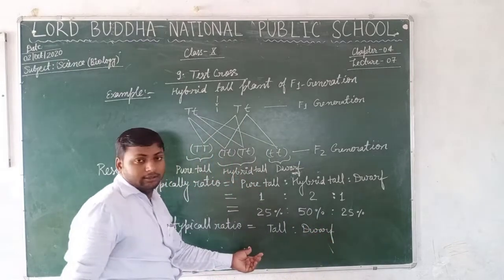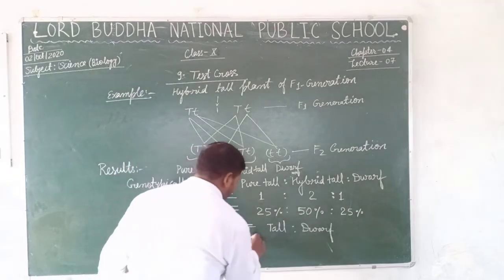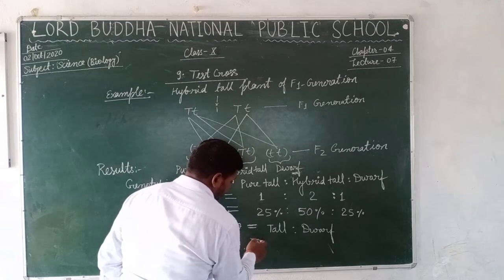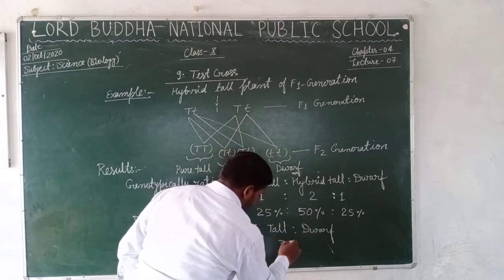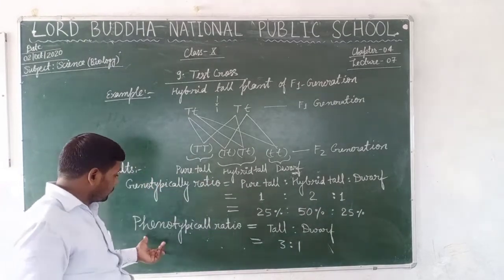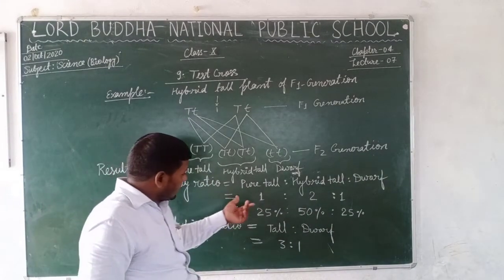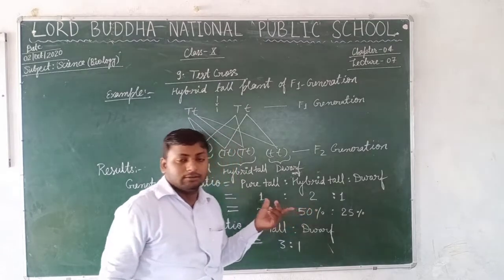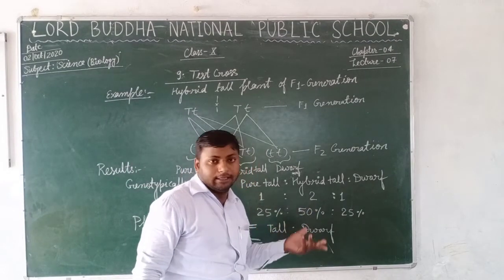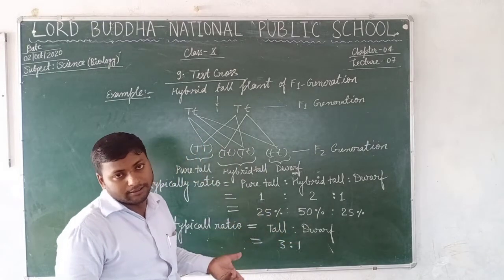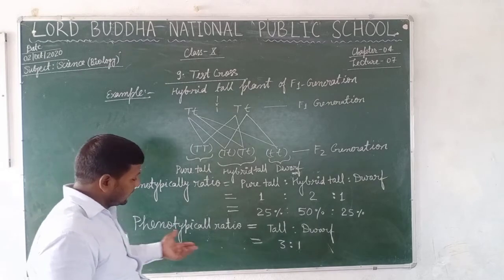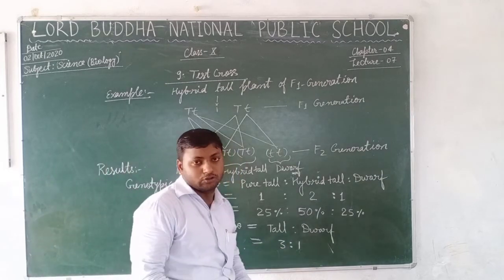Okay, no pure tall, no hybrid tall, only tall and dwarf. Then the result obtained is 3:1. Okay students, this is the phenotypical ratio, because the pure tall and hybrid tall plants both appear tall in height. So the phenotypical ratio is 3:1.